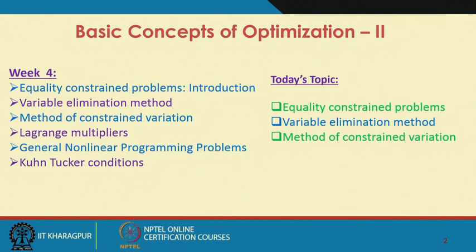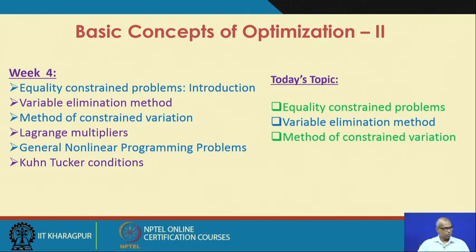So, in this week we plan to talk about equality constraint problems. Under equality constraint problems, we will talk about different methods or approaches to solve such problems, such as the variable elimination method, the method of constrained variation, and Lagrange multipliers.